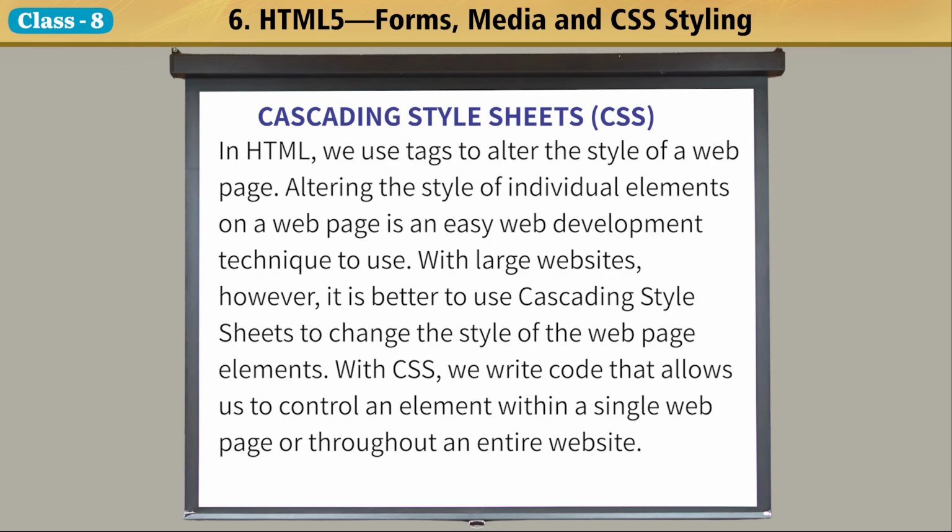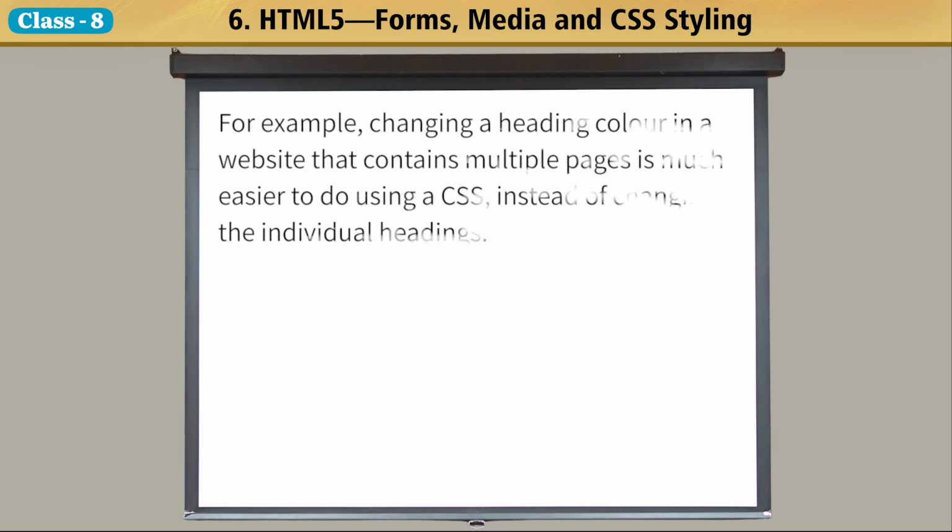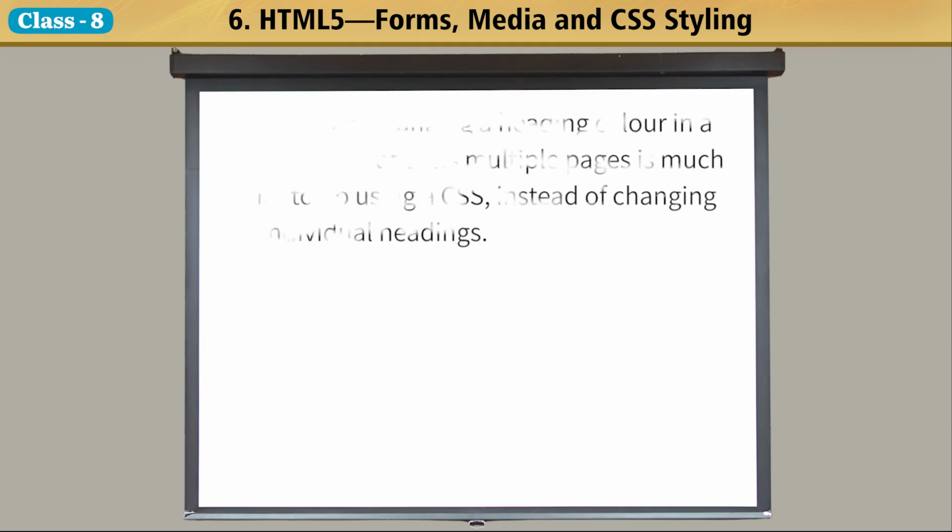With CSS, we write code that allows us to control an element within a single web page or throughout an entire website. For example, changing a heading color in a website that contains multiple pages is much easier to do using a CSS instead of changing the individual headings.